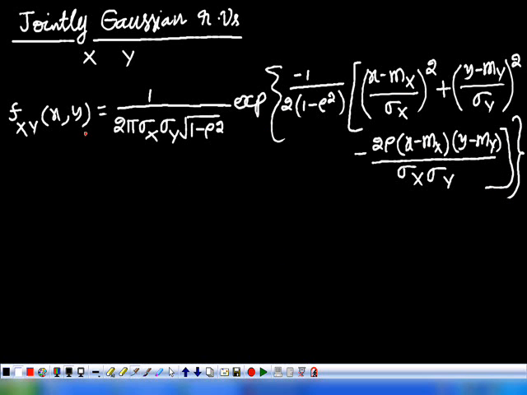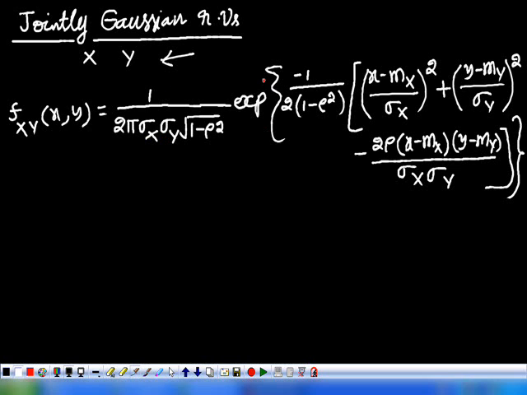If the joint PDF of the two random variables x and y is this, then x and y are said to be jointly Gaussian random variables, where sigma x square and sigma y square are the variances of the two random variables, mx is the mean value, and rho is the correlation coefficient of the two random variables x and y.